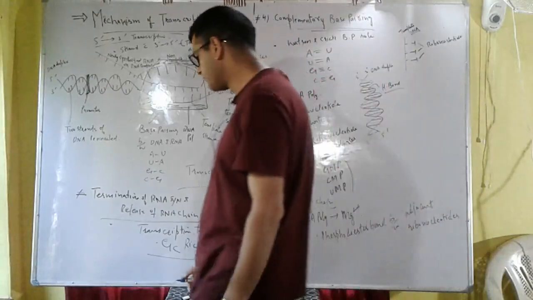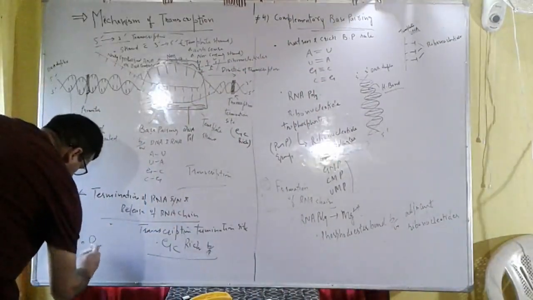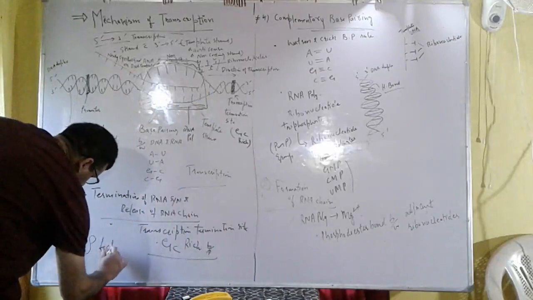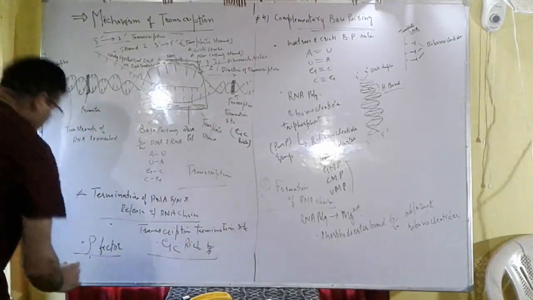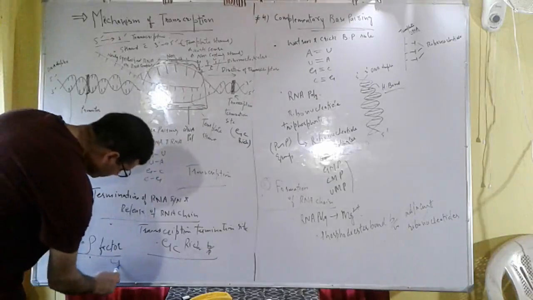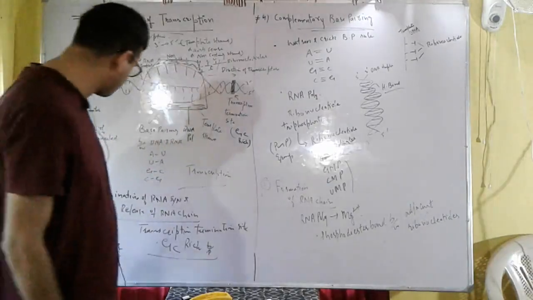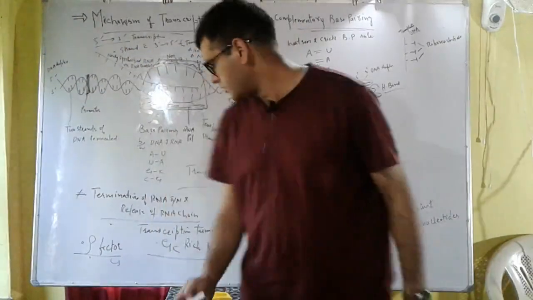There is an important factor called Rho factor. This Rho factor helps in the termination of transcription.